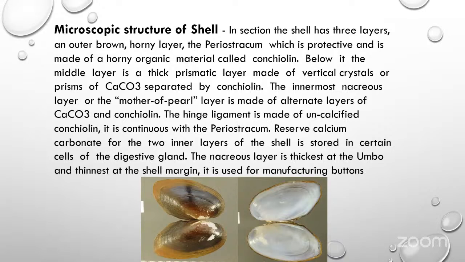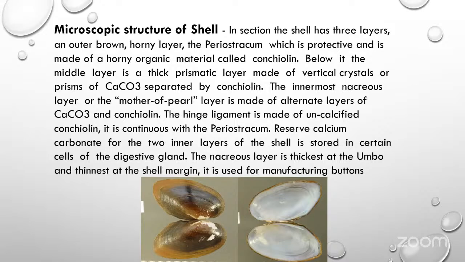In section, the shell has three layers: an outer brown, horny layer, the periostracum, which is protective and is made of a horny organic material called conchiolin. Below it, the middle layer is a thick prismatic layer made of vertical crystals or prisms of calcium carbonate separated by conchiolin.